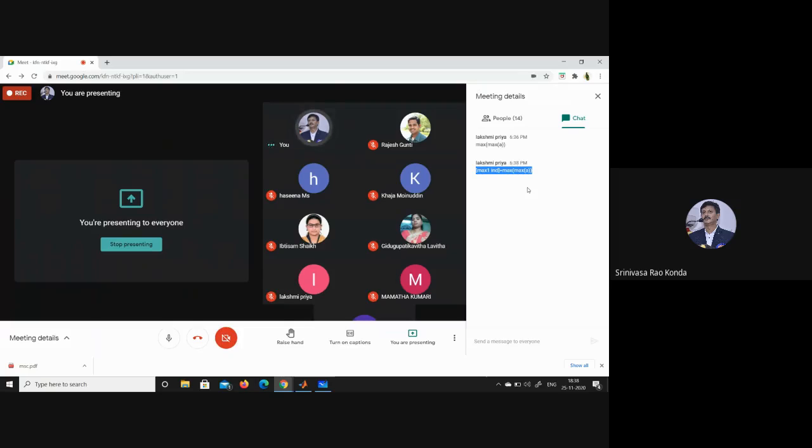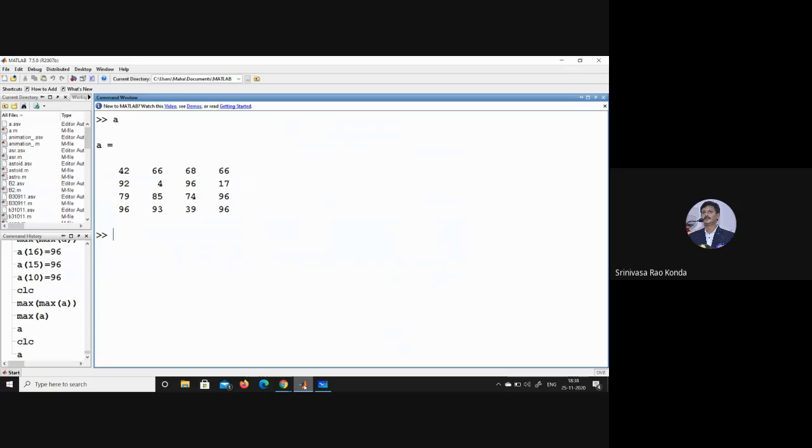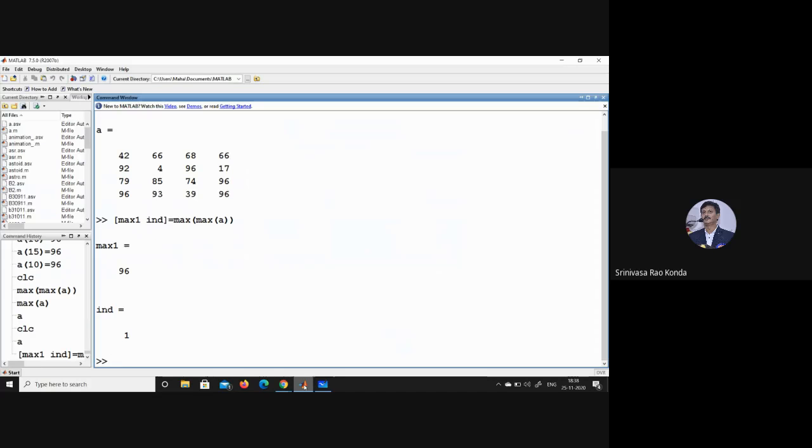Lakshmi Priya has posted one comment. Will we get max of A? It's showing the first element is the maximum element. First element is 42, and 42 is not a maximum element, first of all. Am I correct? Any guesses?